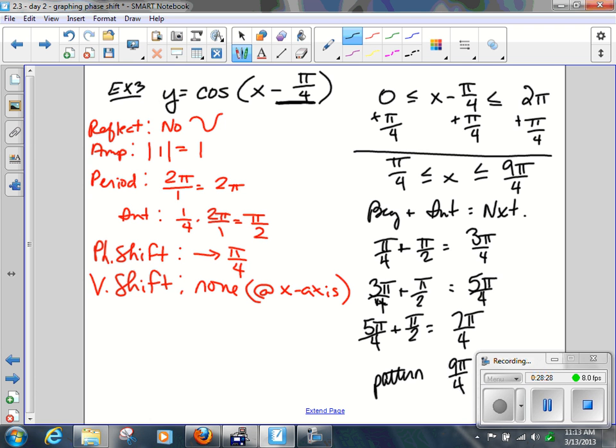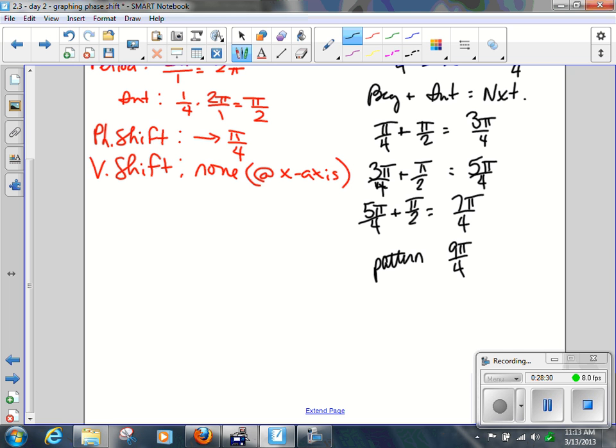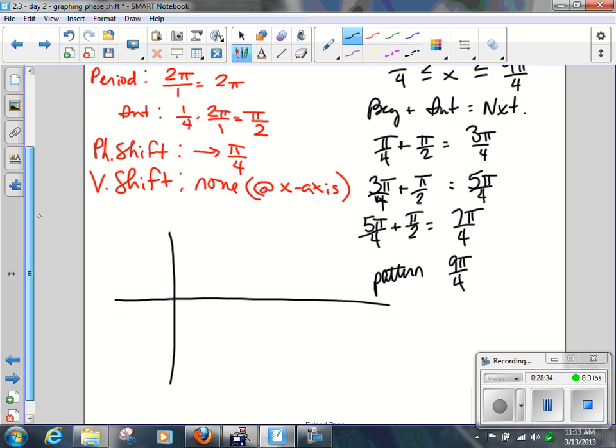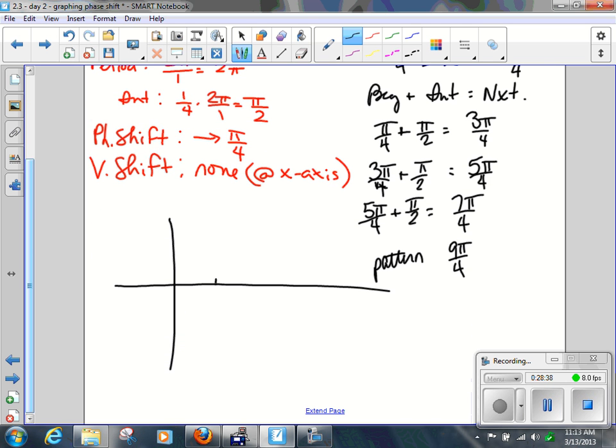Now, let's graph. It's going to be heavy on the right side because there are no negative values. My first beginning point is pi over 4. Equally space these: 3 pi over 4, 5 pi over 4, 7 pi over 4, 9 pi over 4.